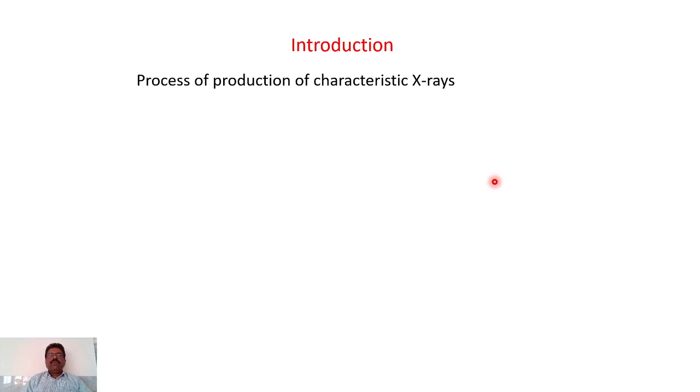For that we have to once again go to the process of production of characteristic X-rays. You know that a highly monochromatic and very intense beam of X-rays can be produced, and these X-rays are known as characteristic X-rays. So how are they produced?